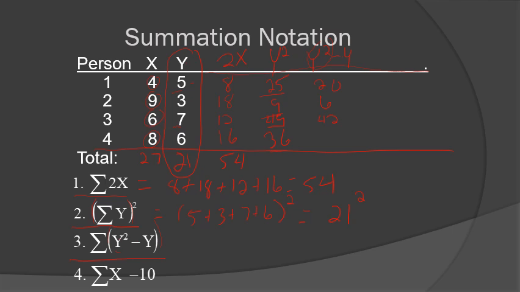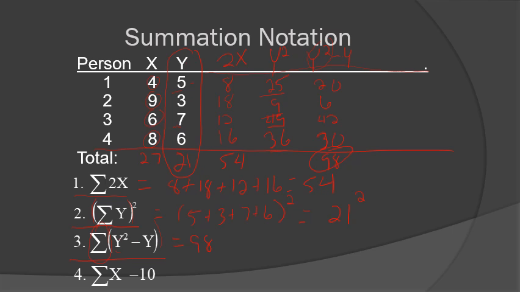So 36 minus 6 is 30. Now we can sum them together. So we've got 50, 92, 98. So we get 98, and that was this value here.